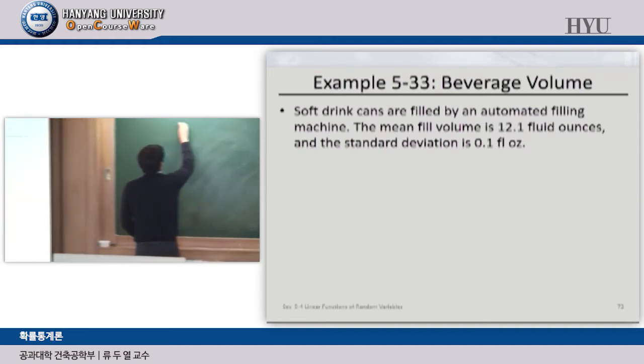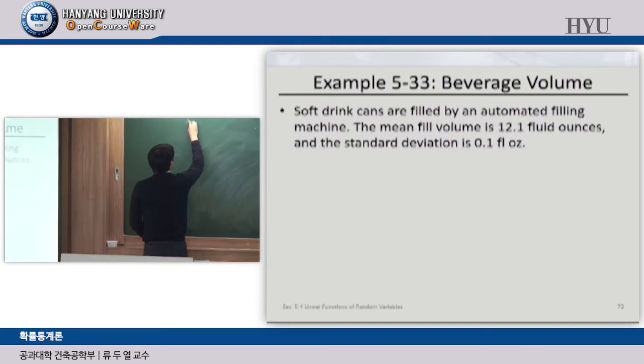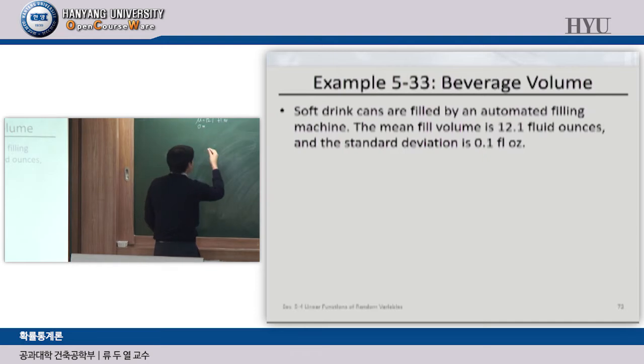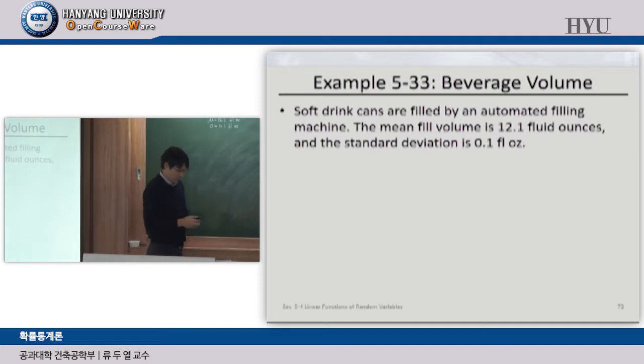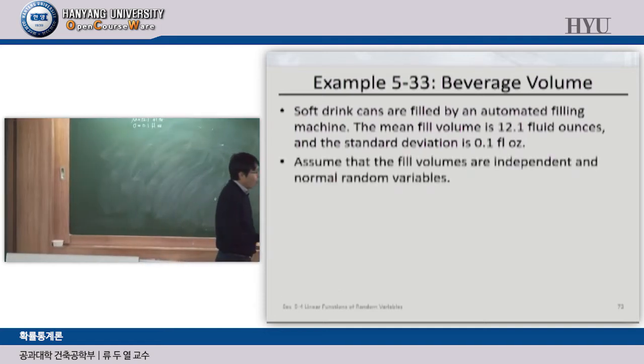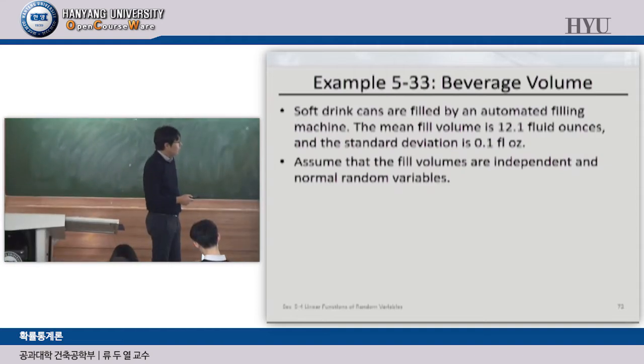So from the example, we know about mu. Mu is equal to 12.1 fluid ounce, and also sigma, which is the standard deviation, is equal to 0.1 fluid ounce. So assume that the fill volumes are independent, okay?